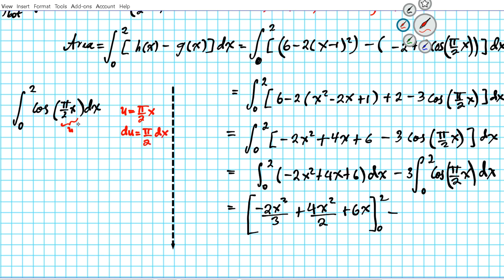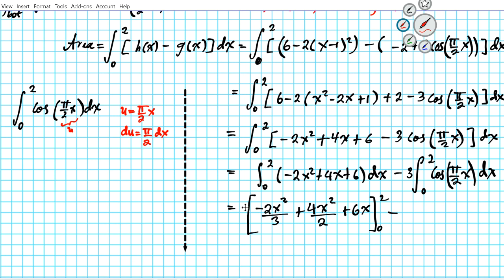Okay, so we can take this out and replace with u, but we need dx alone by itself, so we need to get rid of this pi over 2. So what we do is we multiply both sides by 2 over pi, or just divide by pi over 2. We could do that.